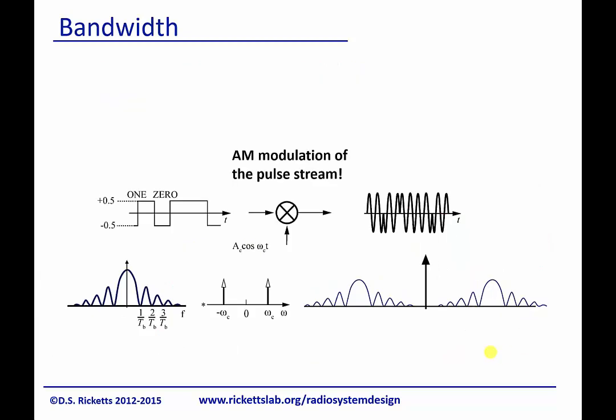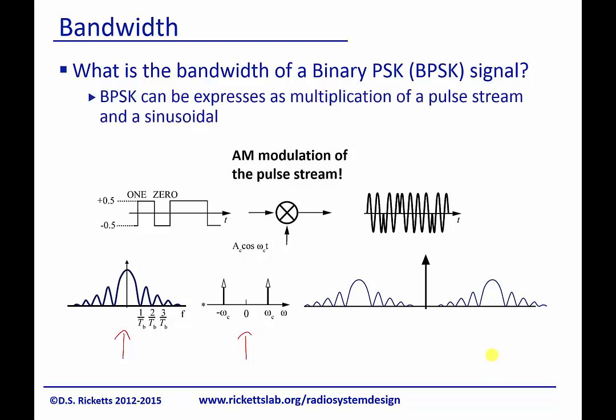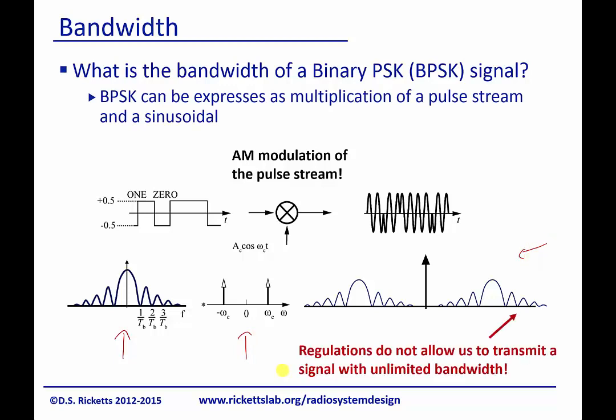So let's take a look at the bandwidth of a binary phase shift key. We've got our digital pulse stream down here on the left, and we've got our cosine. If we're multiplying in the time domain, we just do a convolution in the frequency domain, and we end up with the spectrum shown here. As I said, we can't transmit all of this extra amount that we'd like to.